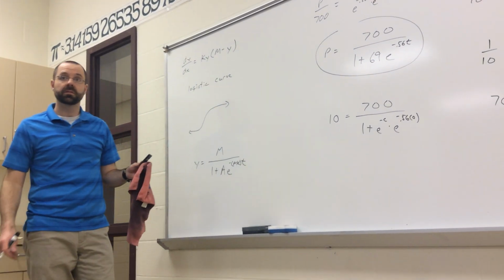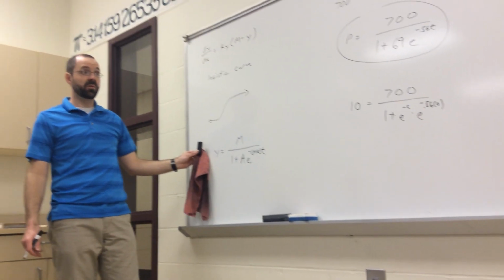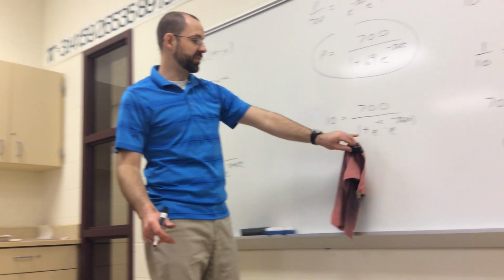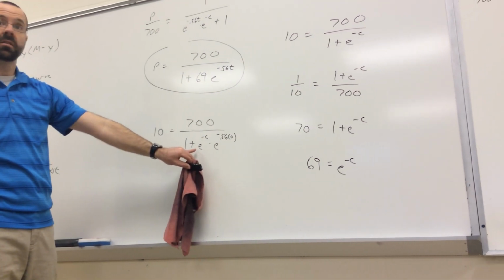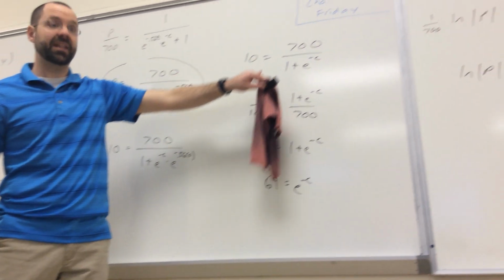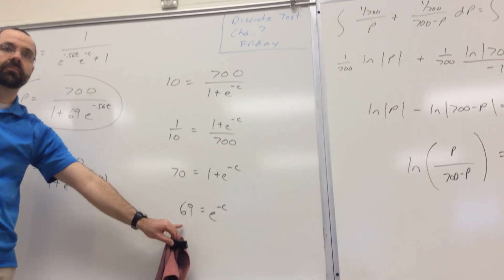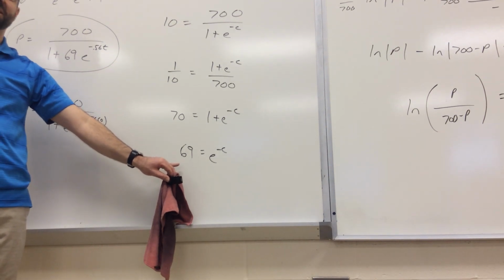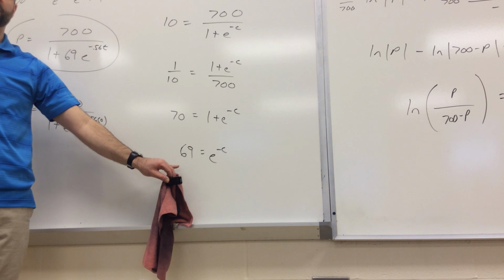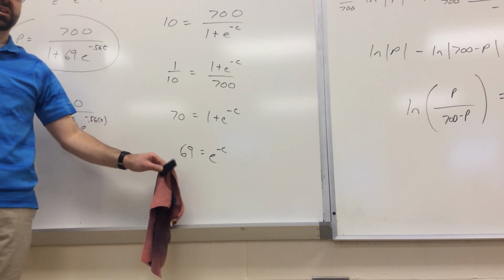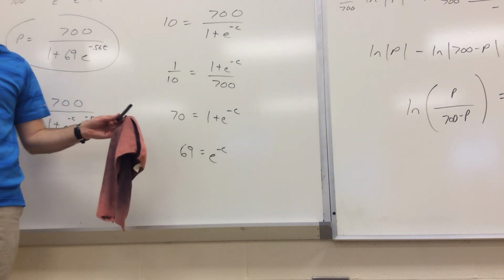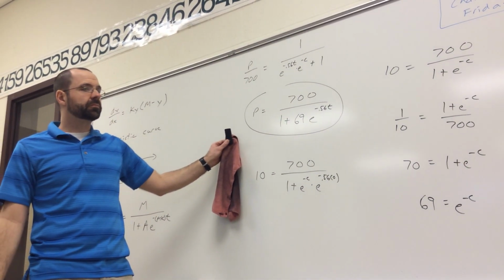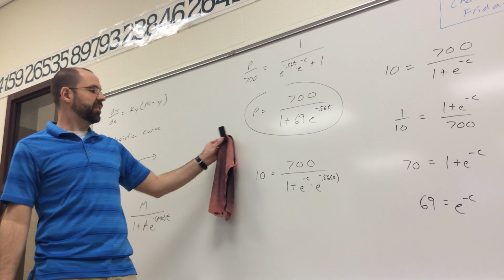Yes? Where do we find the A? That's from the initial value. So the A was this, right? And so we had to plug the 0 and the 10 in to get it. People usually say, well, what does that mean? It doesn't really have any meaning. It's just a constant that you'll find from the (0, 10), or whatever initial value they give you. Yeah? So the A does not relate at all to the partial fraction decomposition?